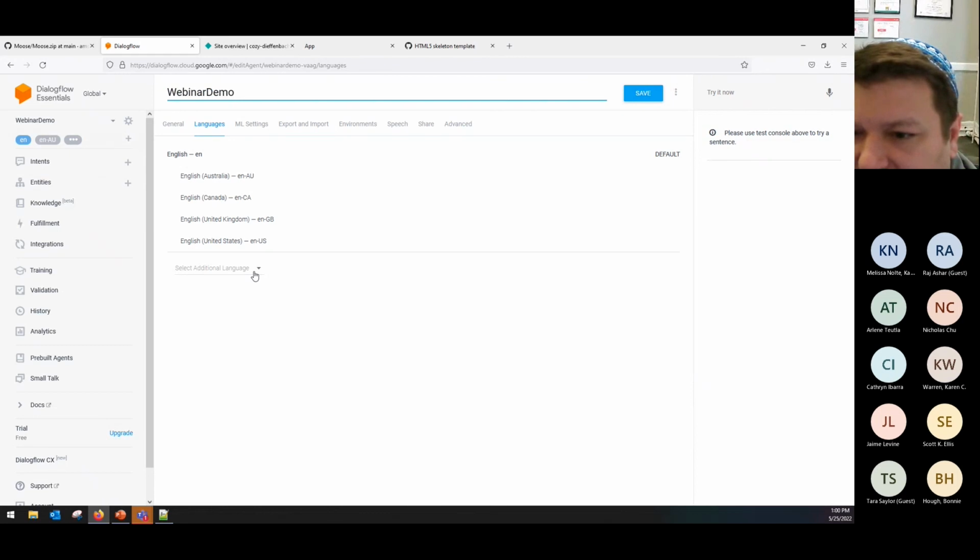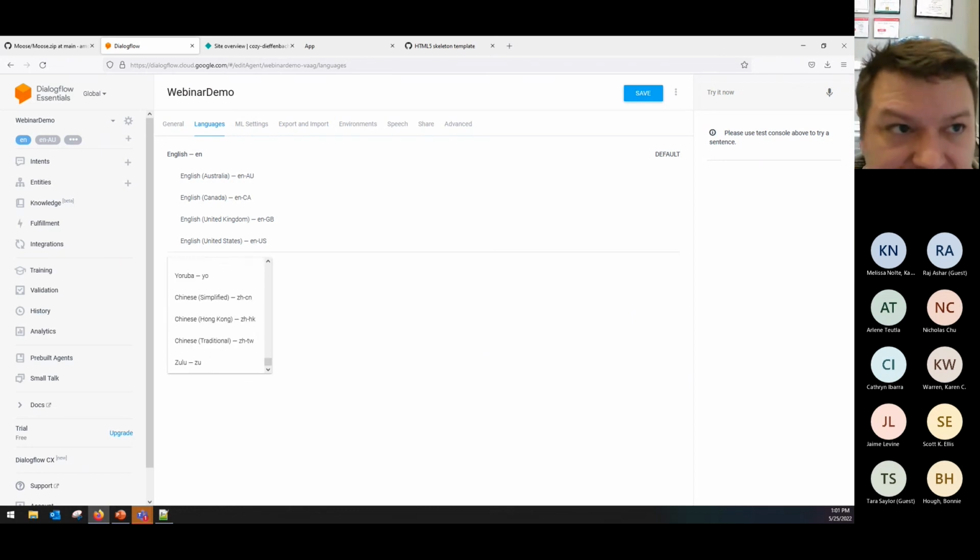I can add additional languages, and you can do more build out in additional languages. So I guess the short answer is yes, it's possible. I just haven't done a complete multilingual project before.